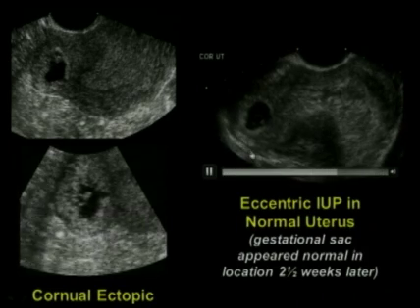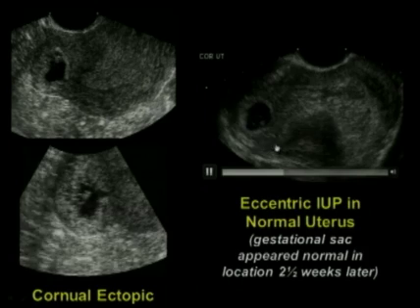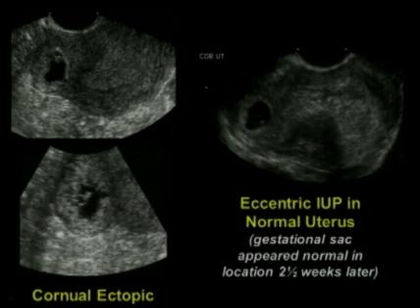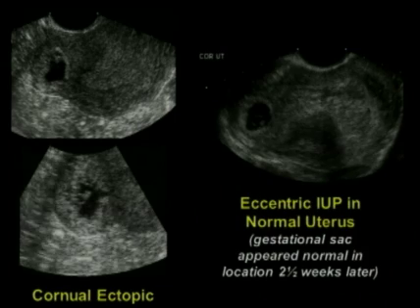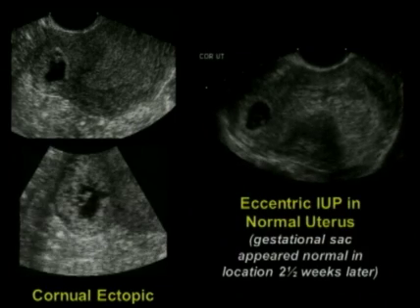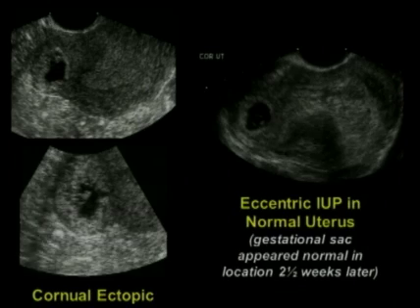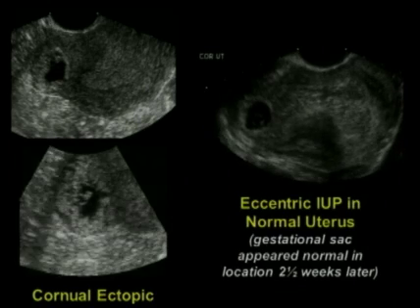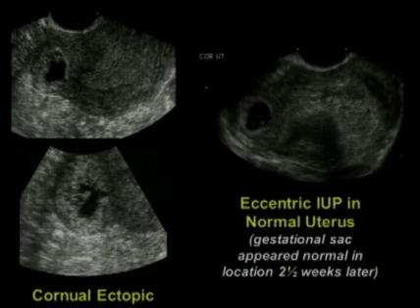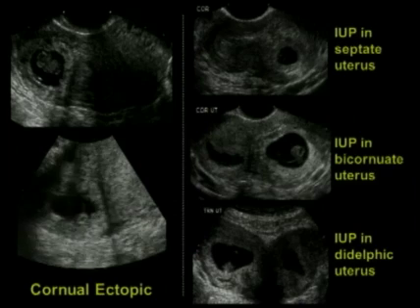There is myometrium around the edge of the pregnancy here. So this is just an eccentric intrauterine pregnancy in a normal uterus. And in fact, 2.5 weeks later, it had moved into the center.